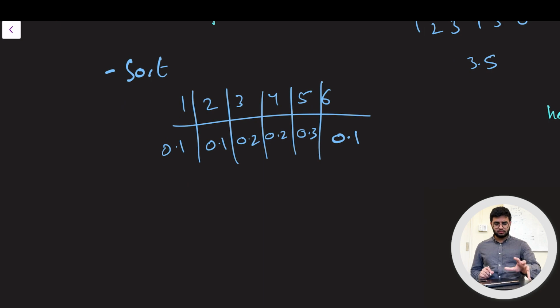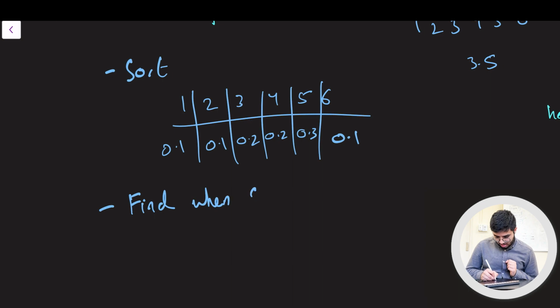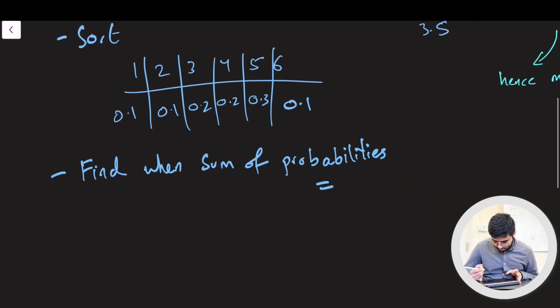But for now, we have this, and instead of finding a middle value, we're going to find when the sum of probabilities equals 0.5.